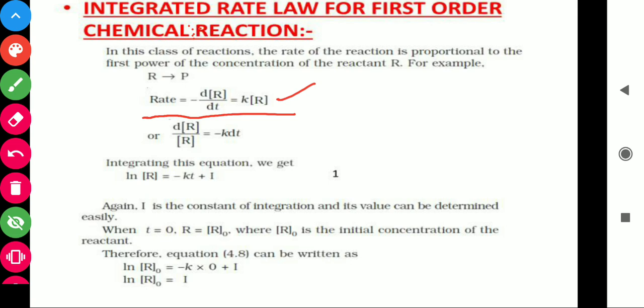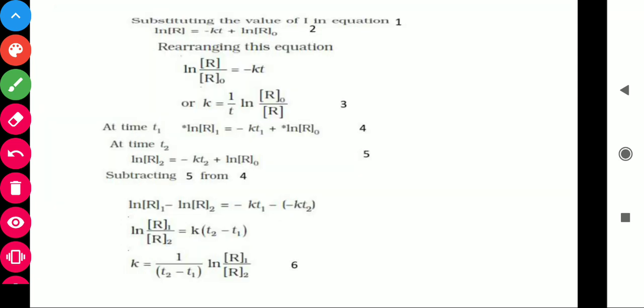On integration, we will get its equation which we have studied in our previous video. This equation will be k is equal to 1 upon t log e base R naught upon R.